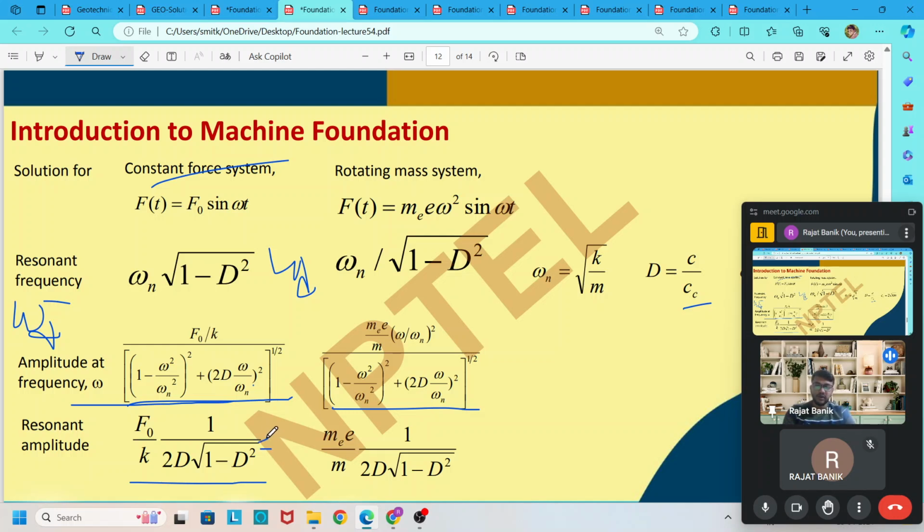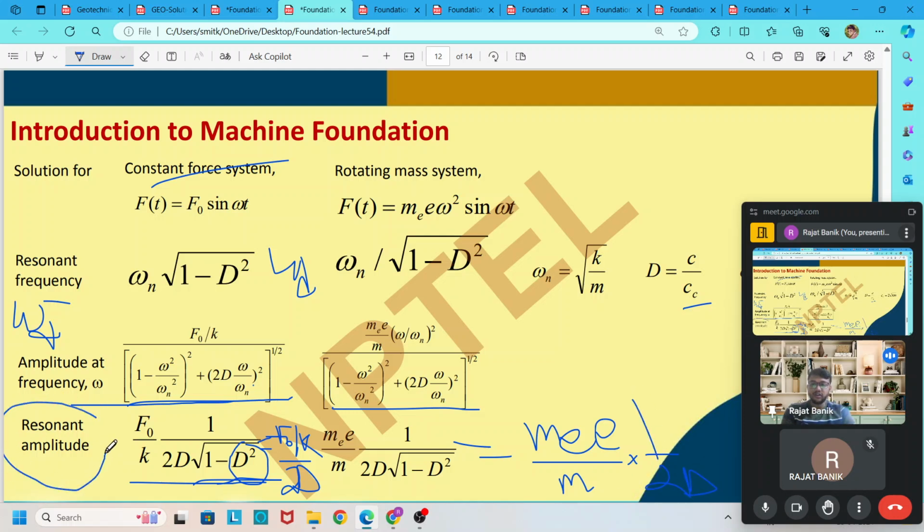Again, if you simplify, it is F naught by k divided by 2d, because the damping ratio is very small and we neglect this part. For the rotating mass, it becomes me by M into 1 by 2d for simplicity. This amplitude is called the resonant amplitude.